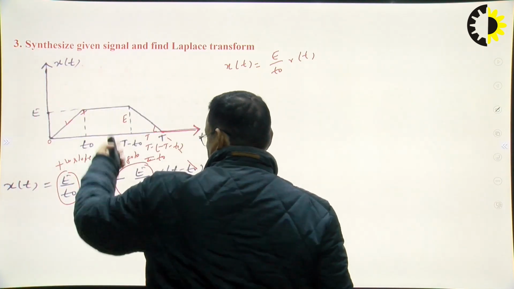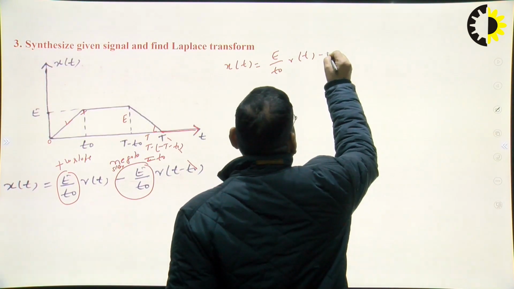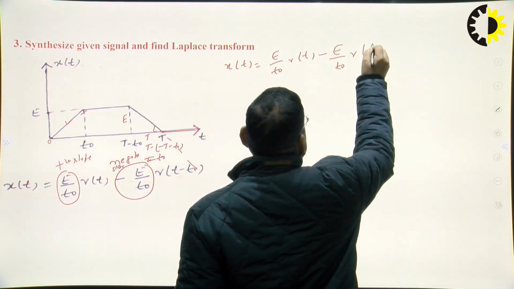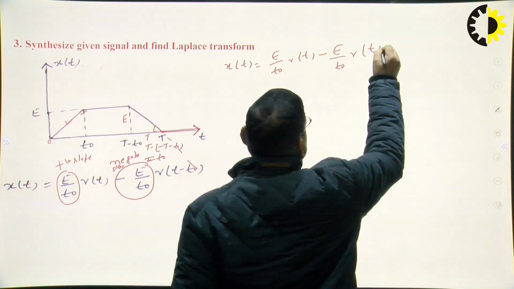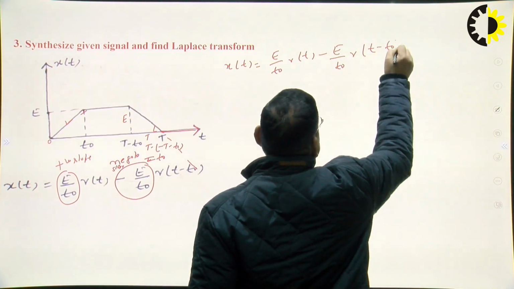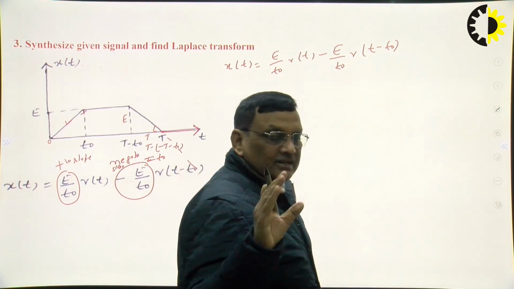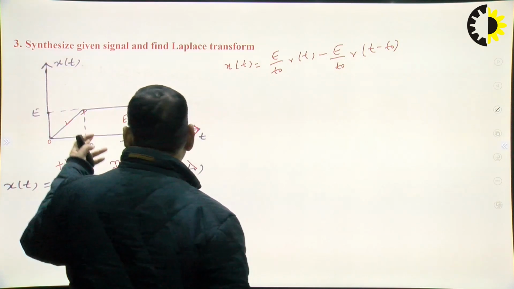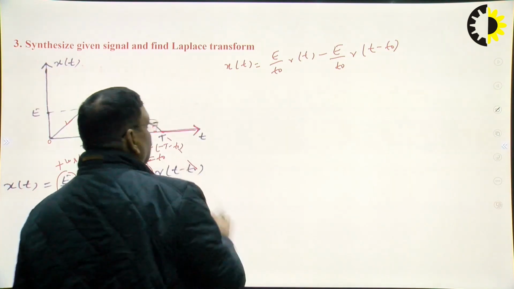If we add a negative slope E by t0 at t equal to t0, basically we have added a shifted ramp with negative slope at t equal to t0, and the line becomes horizontal.